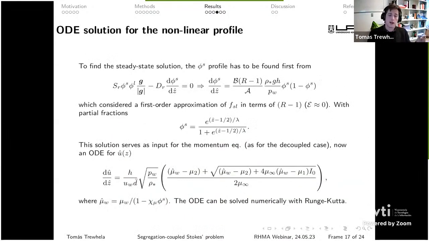I can also find an ODE solution for this nonlinear profile. It's a little bit more complex because now I have to find the steady state solution for the segregation equation.